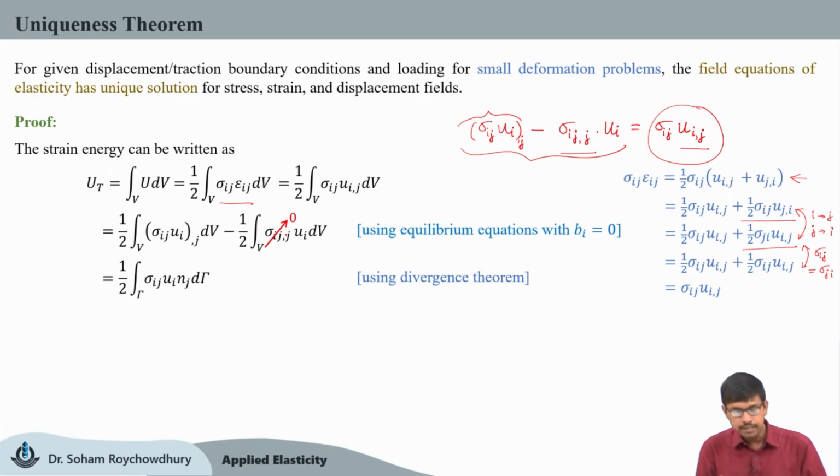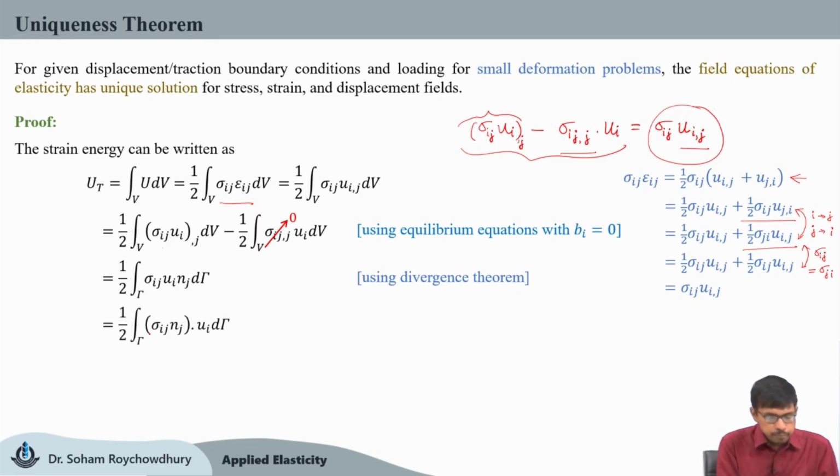Now, using the divergence theorem, the integral of sigma ij ui comma j dV can be written as the integral of sigma ij ui nj over the surface d gamma, and then grouping the terms within the integral into two parts, we can write the total strain energy as half of the surface integral of sigma ij nj times ui d gamma.